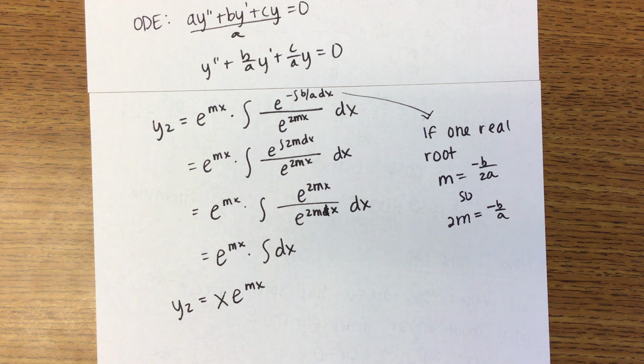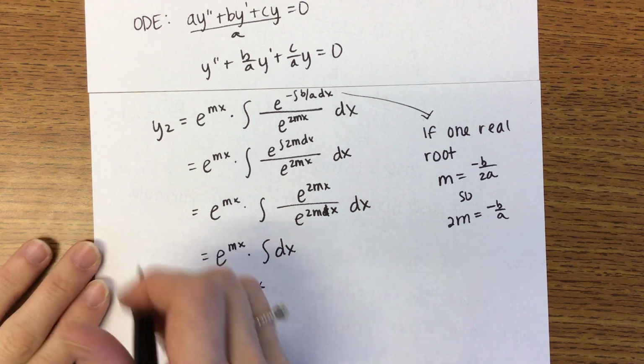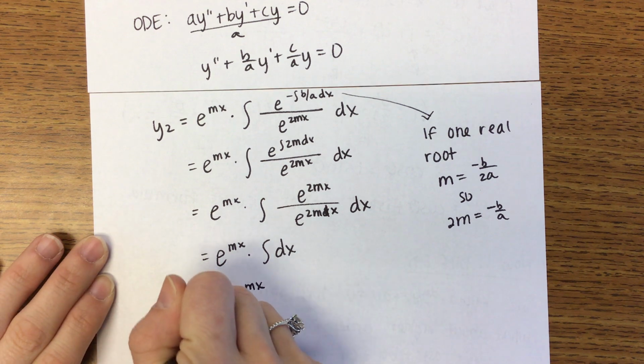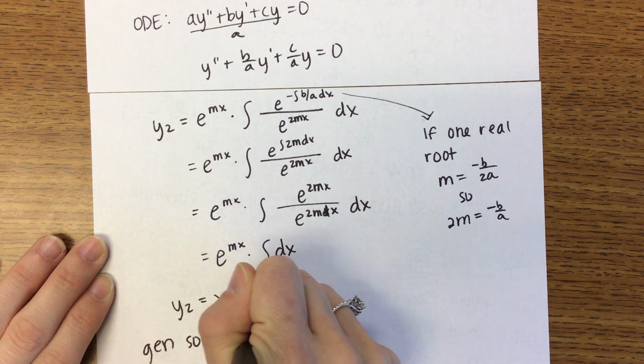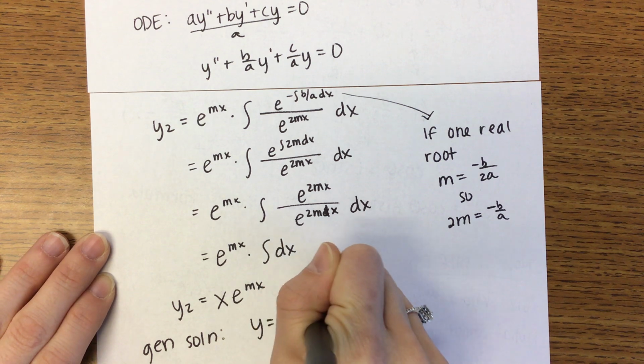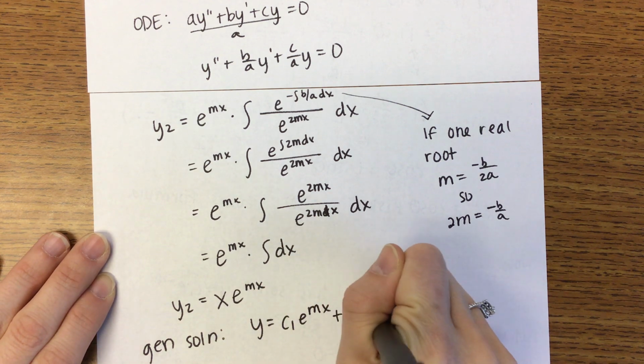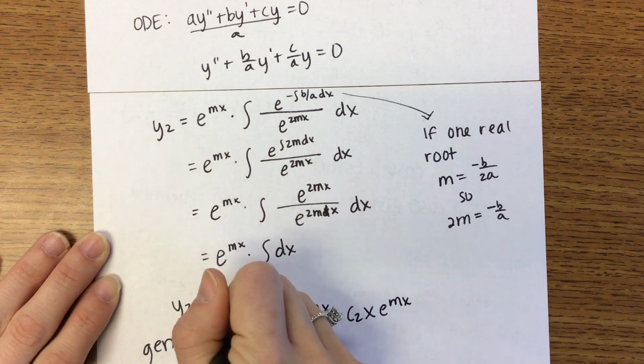Reduction of order guarantees that you have two linearly independent solutions. So this will be linearly independent with our first solution, forming a fundamental set, and then our general solution. So here's the general solution for this case. y is equal to c1 e to the mx plus c2 x e to the mx.